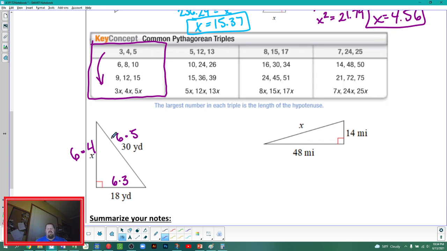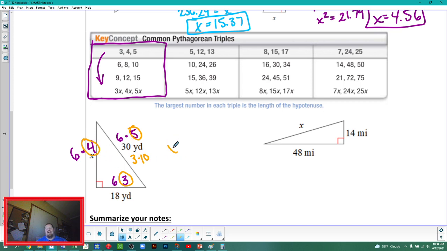Okay. And so again, in order to figure some of those out, we need to know some ways to multiply to get some numbers. I think the first time I thought of this, I thought, well, this is 3 times 10. This is 3 times 6, so like a 6, 8, 10. And it does work out that would help us. But to see it as a 3, 4, 5 triangle, we need to think of it as being multiplied by 6.